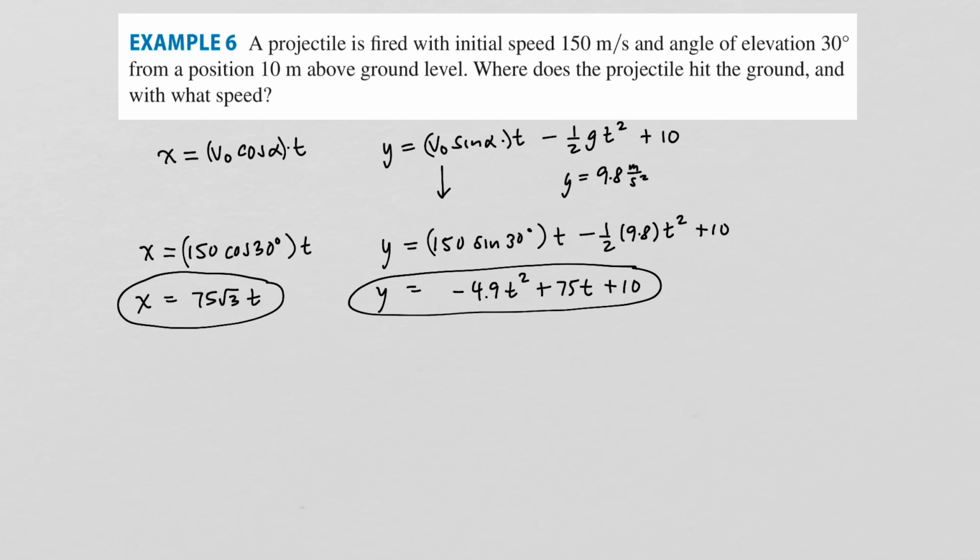Now the second question is, where does the projectile hit the ground? First, we need to ask, when does it hit the ground? It hits the ground when y equals 0. So we're going to take negative 4.9 t squared plus 75t plus 10, set that equal to 0. And to solve this, we'll use the quadratic formula.